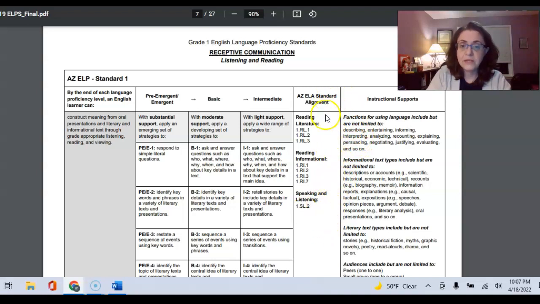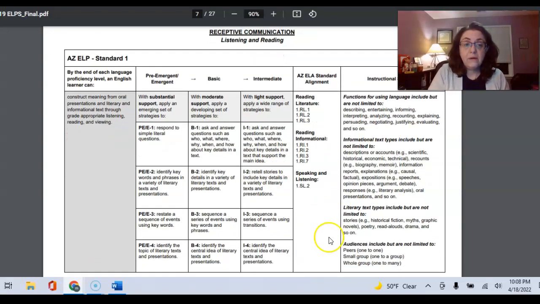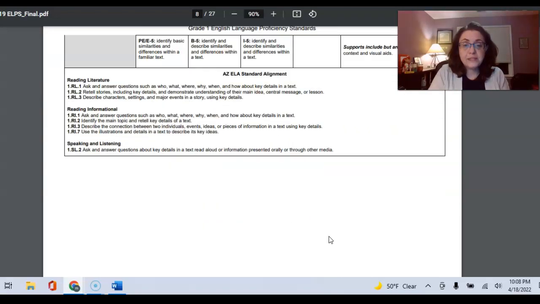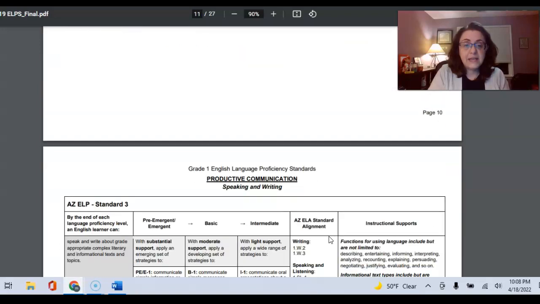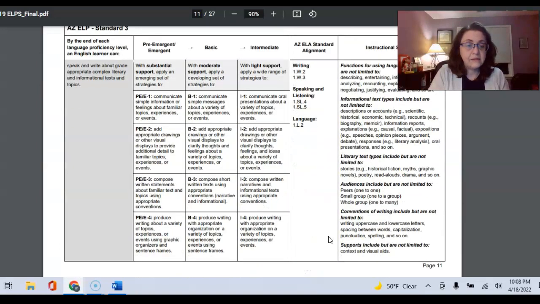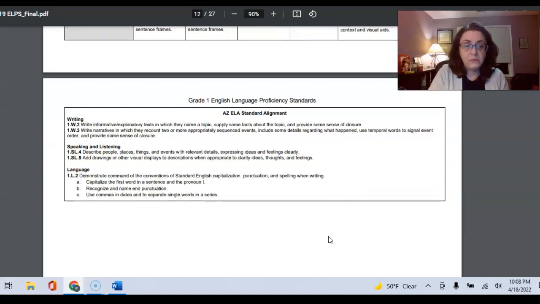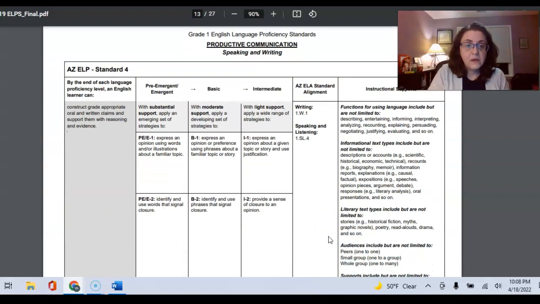These are the ELA standards that align with it, or rather, the ESWL standards build towards these ELA language arts standards. Okay. All right. So now, for instance, let's take a look at something that you will be doing in the future.